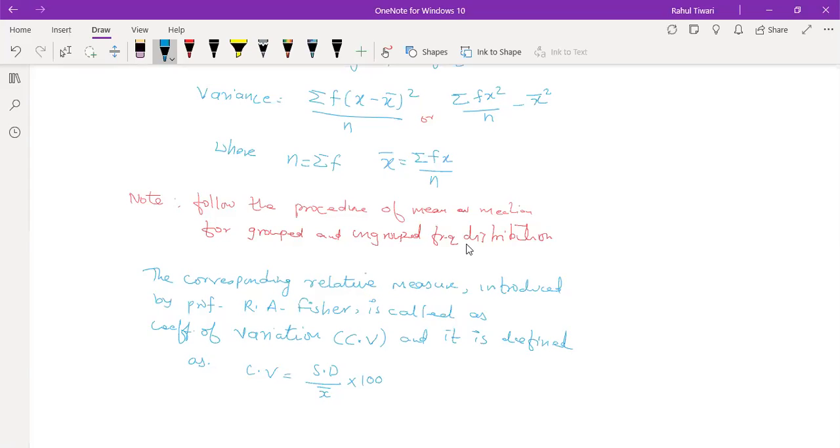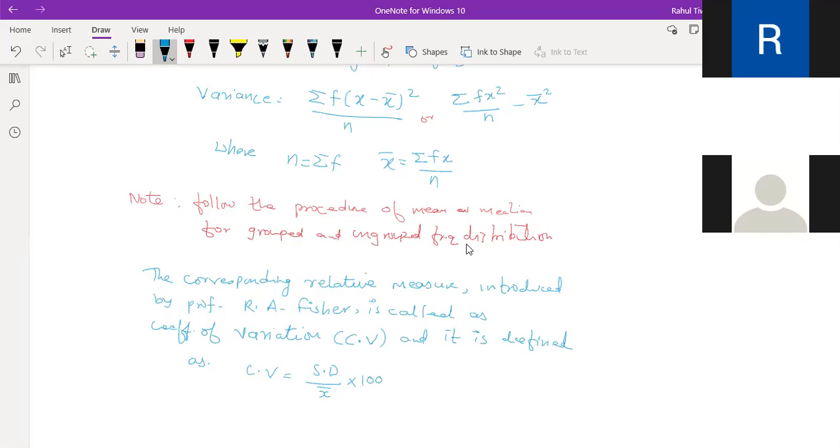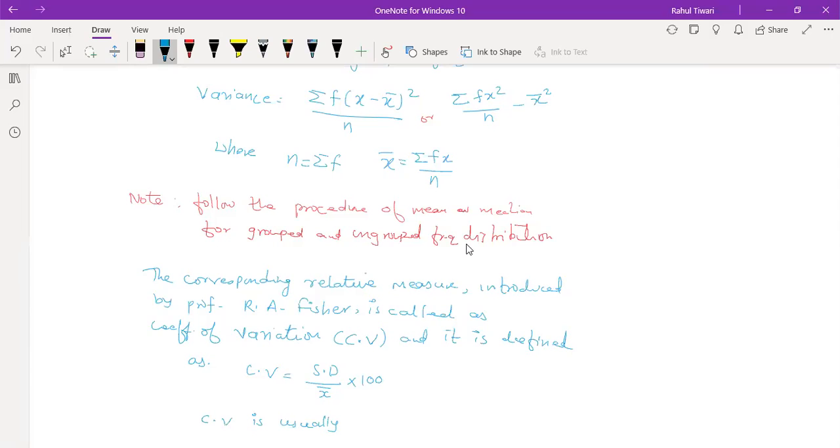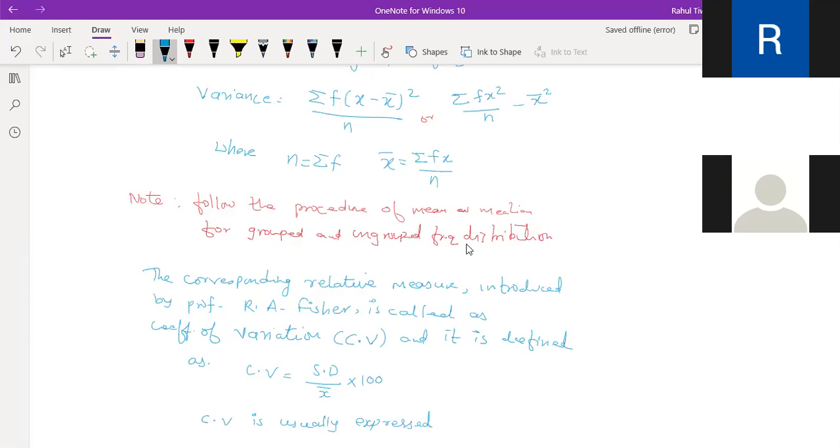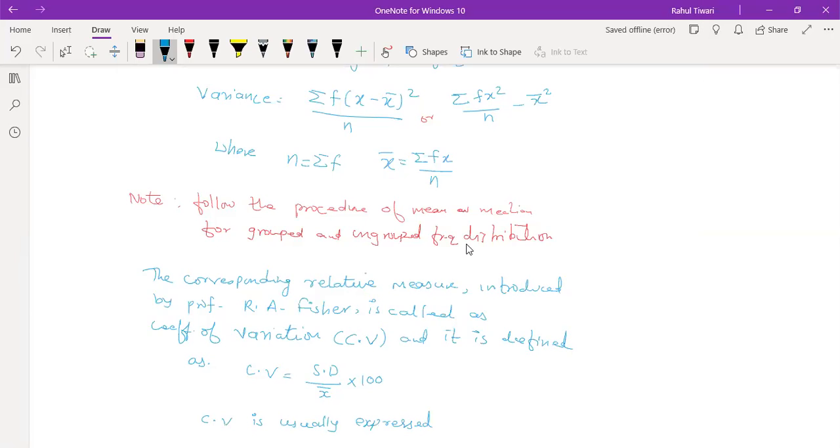And usually the coefficient of variation is expressed in percentage.